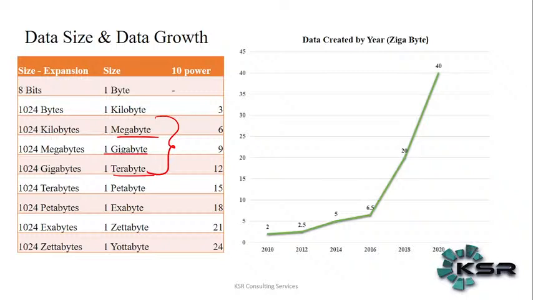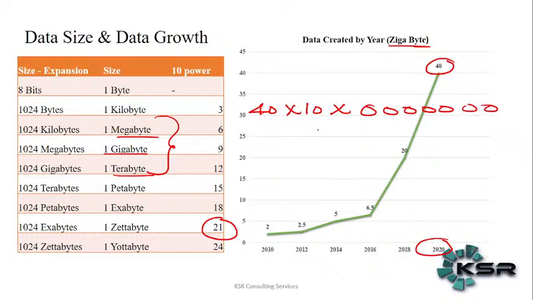Now, what you need to understand is when you are having this growth of data, and just to keep you intact, the data which is getting generated in 2020 from all the systems, we have 40 into 10 into 21 zeros.